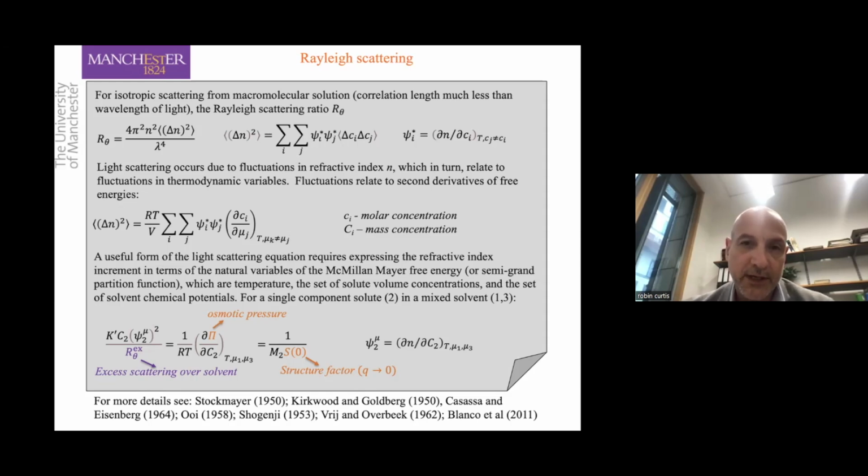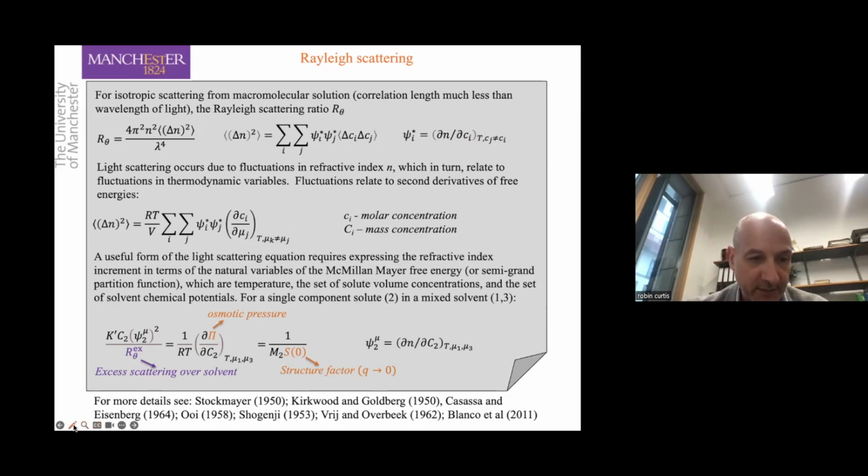When you do the analysis, you write the fluctuations in refractive index in terms of fluctuations in your thermodynamic variables. Here I've written it in terms of volume concentrations. You also have fluctuations due to temperature, but those mainly contribute to the solvent scattering, and we measure the excess scattering.